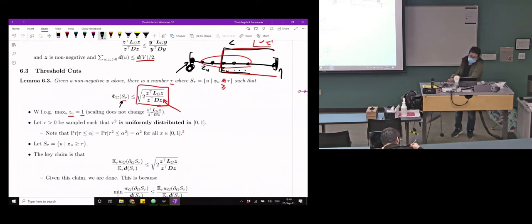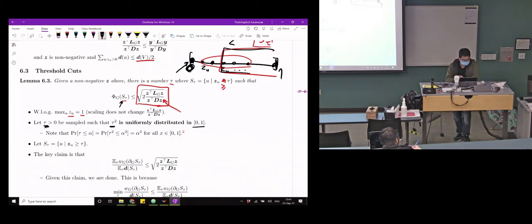We will prove this using a probabilistic argument, and we will choose tau in a random way. Imagine that you sample the threshold tau in such a way that tau square is uniformly distributed in the interval 0, 1.